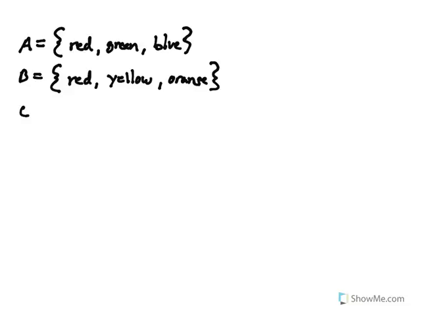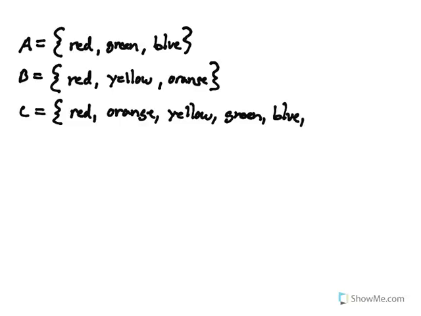And we'll let set C represent red, orange, yellow, green, blue, and purple. Okay, so we have 3 collections of colors. All right, A, B, and C, and we're going to do this.